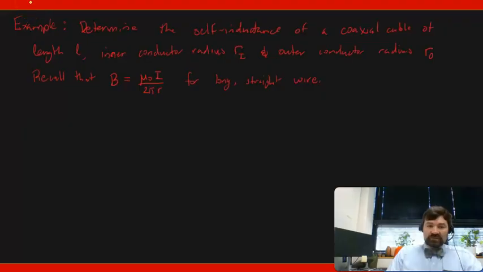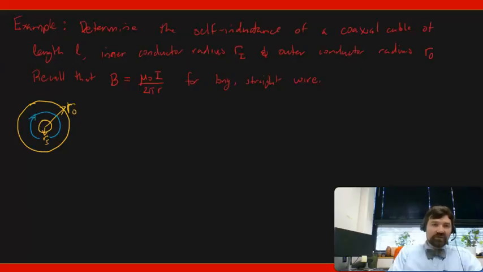Okay, so geometry wise, your coax cable from the end would basically look like this. And so this right here would represent R outer, this right here would represent R inner. And let's take a magnetic field produced by this wire, which is like so.